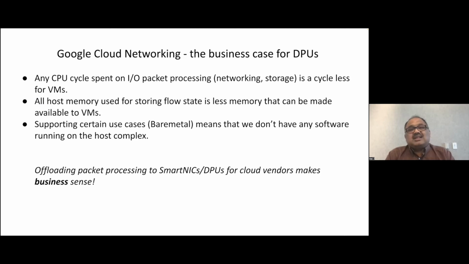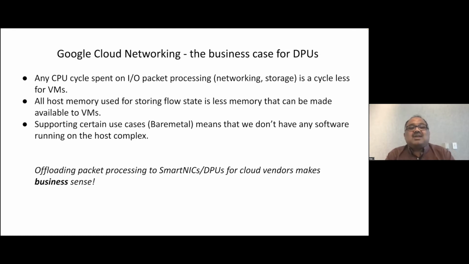So in this scenario, if you notice, because we have a fairly complex network packet processing stack, these packet processing stacks take a lot of CPU cycles, and all CPU cycles that we give to network protocol processing or packet forwarding is a cycle less that's available to VMs that run on this x86 box. This translates actually to revenue loss, because the lesser number of VMs we can run on end hosts, because we have to spend these CPU cycles on forwarding packets, is lesser revenue that we realize.